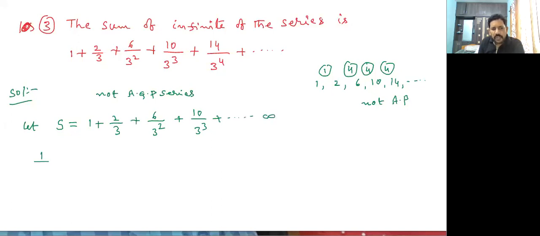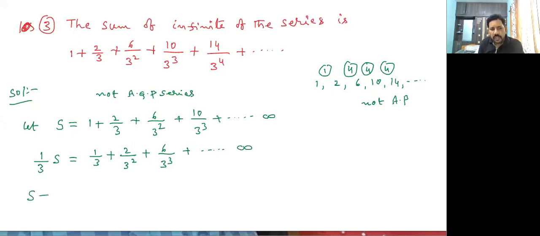I am going to multiply each and every term by 1/3. Then what happened? S/3 = 1/3 + 2/3^2 + 6/3^3 + and so on, infinite.